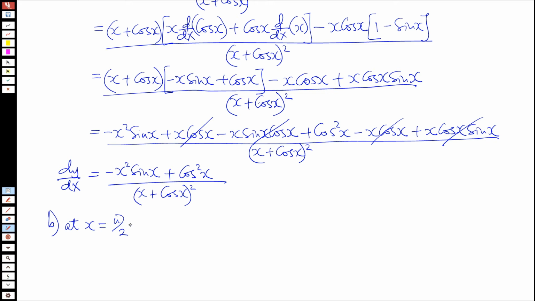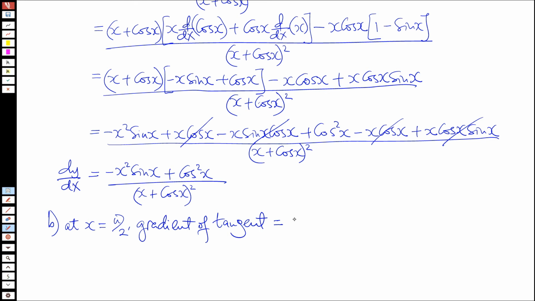So at x equals pi over 2, the gradient of the tangent, or the gradient of the curve, can be found by plugging pi over 2 in the gradient function.